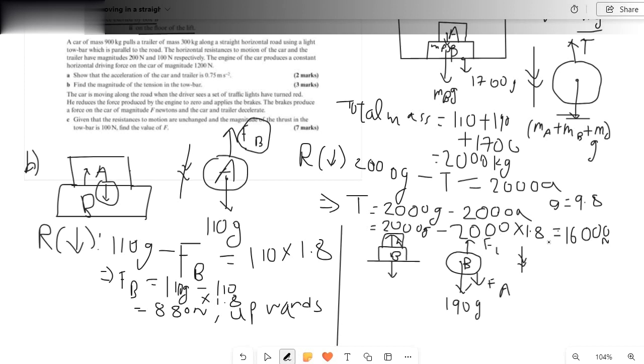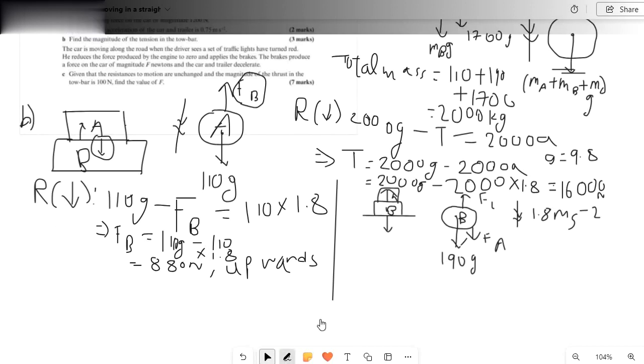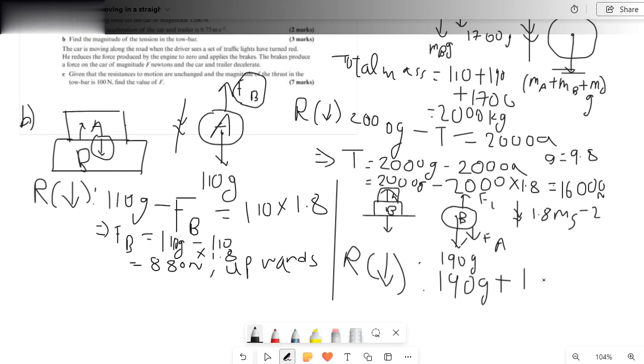As usual, the system is accelerating downwards with acceleration 1.8 meters per second squared. So we can resolve downwards again and say that 190 g plus Fa, because both of these forces are acting downwards, so they are considered positive, and Fl being in a negative direction is negative, equals mass, which is 190, multiplied with acceleration, which is 1.8.